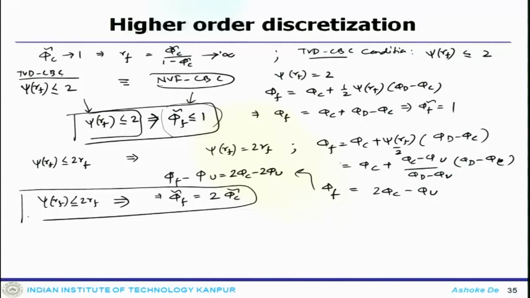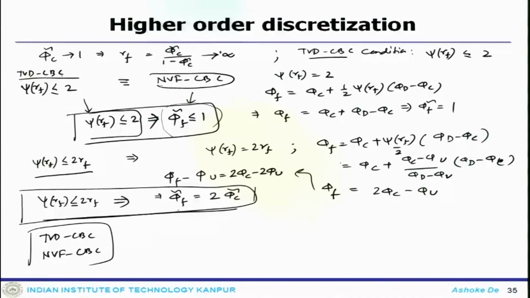Now, based on this condition, the TVD CBC and the modified NVF CBC can be seen in this particular diagram. We have imposed all these conditions of the TVD CBC one by one, like psi RF less than 2 RF, that is one condition in TVD CBC.